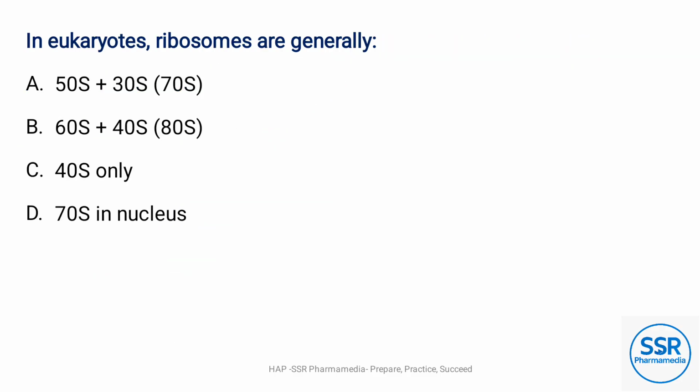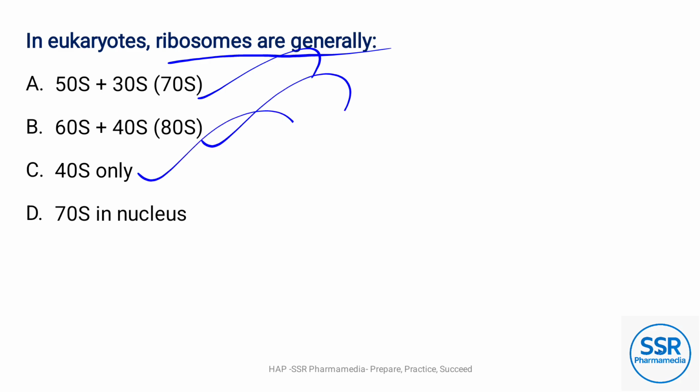Next question. In eukaryotes, ribosomes are generally: option A, 50S plus 30S, 70S; option B, 60S plus 40S, 80S; option C, 40S only; option D, 70S in nucleus.